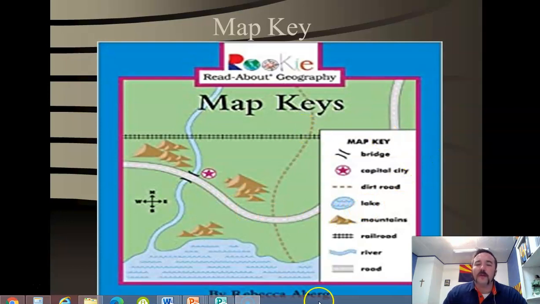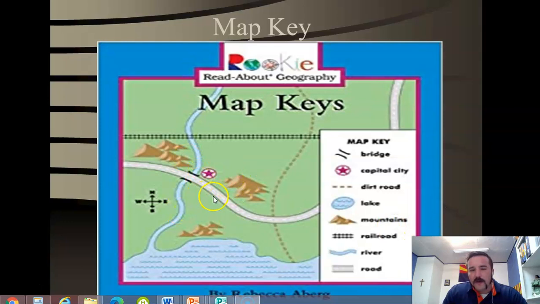And you have to look at the map key. Most every map is going to have a map key, and just like a key unlocks the door to get you in, this map key unlocks the understanding of what all these symbols and markings are on the map. So you probably correctly deciphered that this little marking here is indeed a bridge, right?